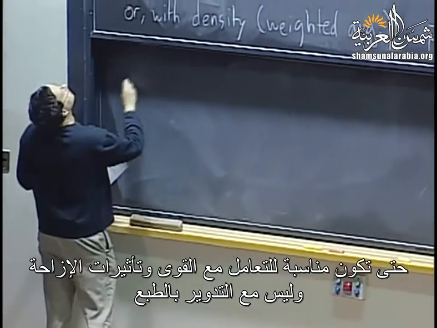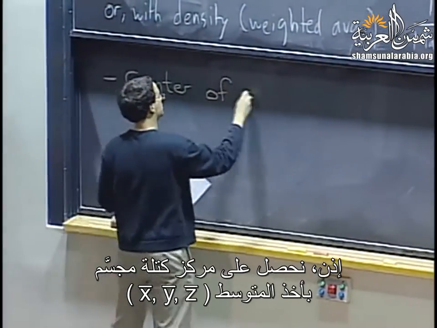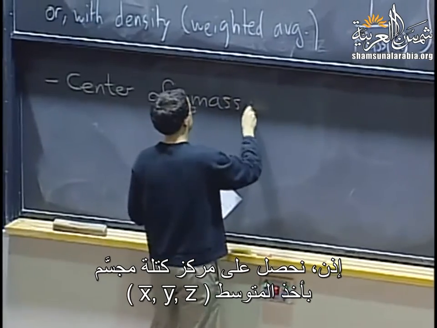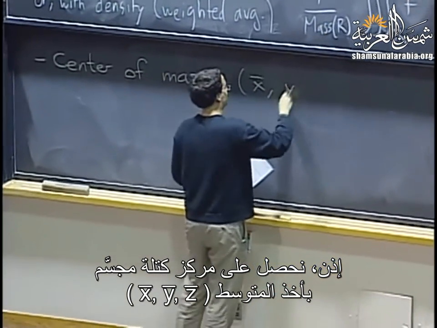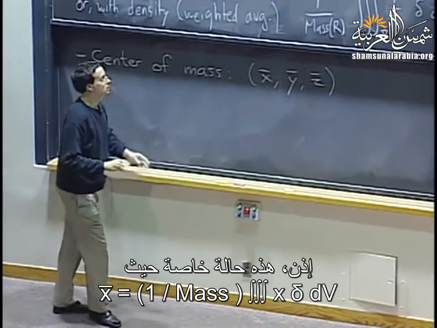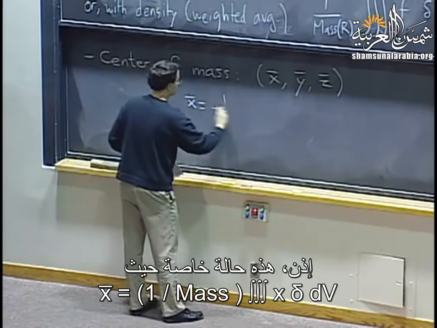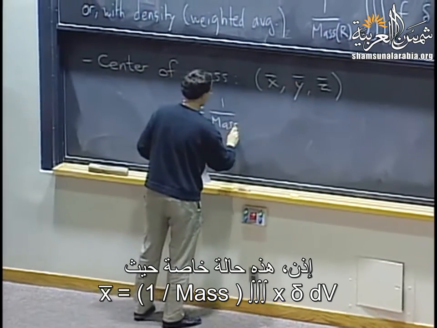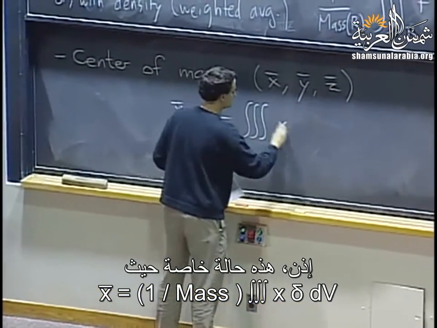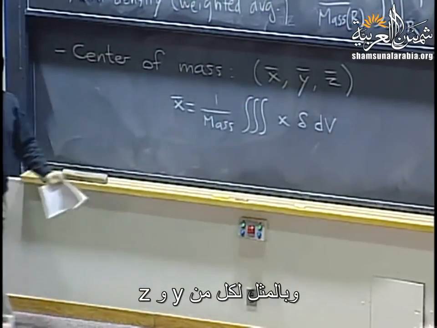The center of mass of a solid is just given by taking the average values of x, y, and z. So x bar is 1 over the mass times the triple integral of x density dV. And same thing with y and z.